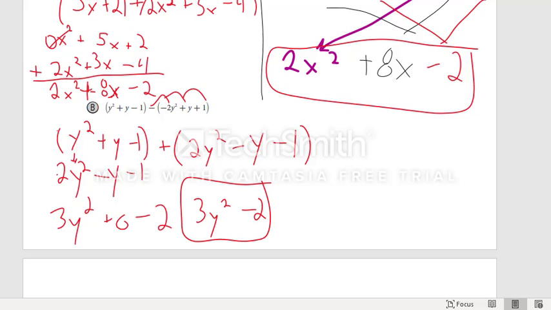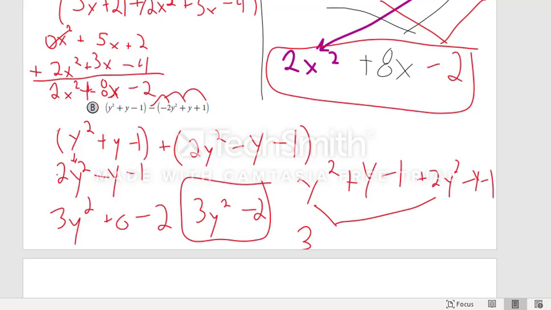All right, and we can do this horizontally as well. Y squared plus y minus 1 plus 2y squared minus y minus 1. Y squareds go together. Y squared plus 2y squared is 3y squared.